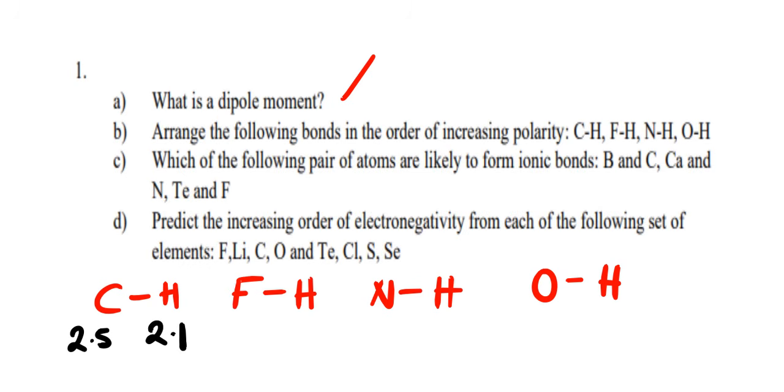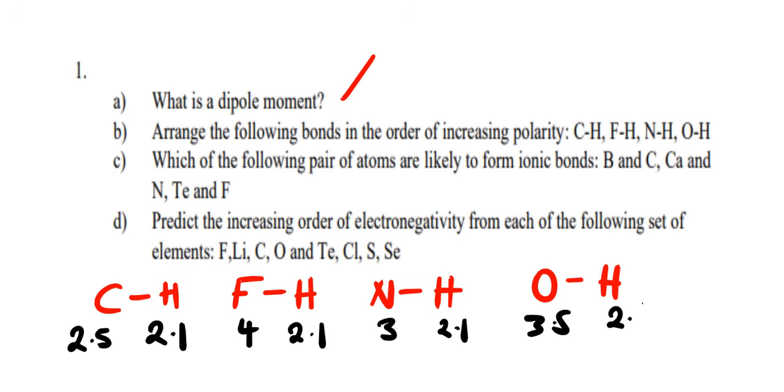Then your fluorine, that is F to H, in terms of electronegativity is just 4. Hydrogen is 2.1. What about your nitrogen? Nitrogen is 3. Your hydrogen is 2.1. Oxygen is about 3.5.